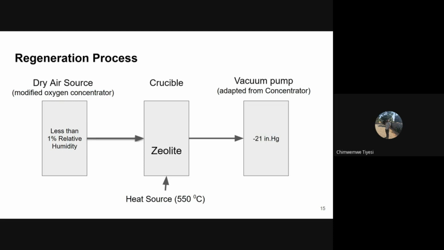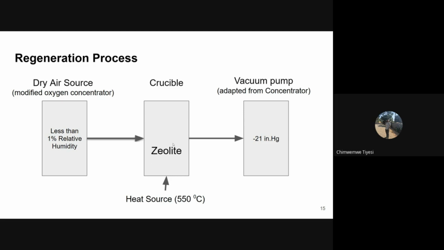So this process, as I said, can be done by biomedical engineers in the context of low and middle income country settings. To regenerate zeolite, we use a combination of heat, vacuum, and dry air exchange to extract moisture from underperforming used zeolite. As you can see in the graphics, we have a dry air source. This dry air source is modified from an oxygen concentrator that is producing less than 1% relative humidity. And then we feed this dry air into a crucible that contains the zeolite.